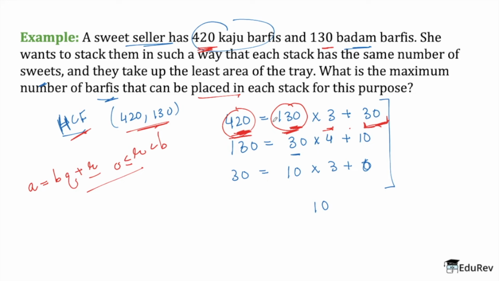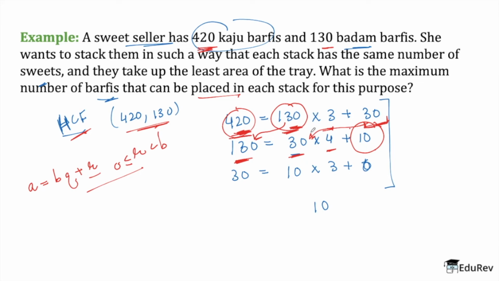So now I'm going to make the next equation. That is, 130 is going to be here. I have to divide 130 by 30, that is the remainder here, and then the quotient is going to be 4 and the remainder 10. Similarly, because the remainder is not 0, we just need to continue the division.